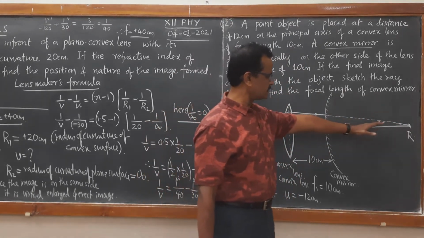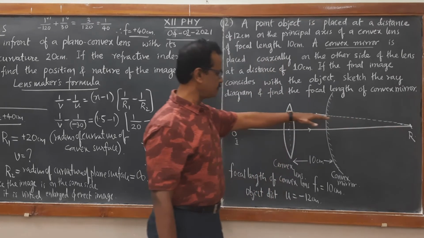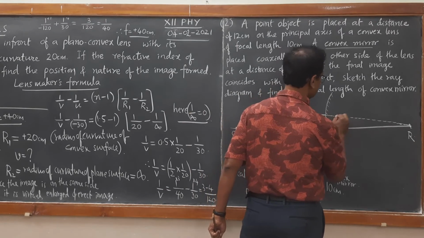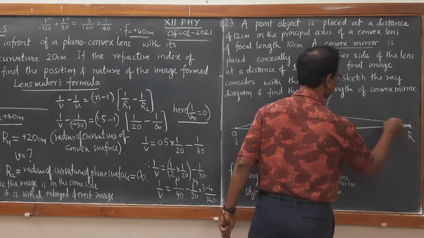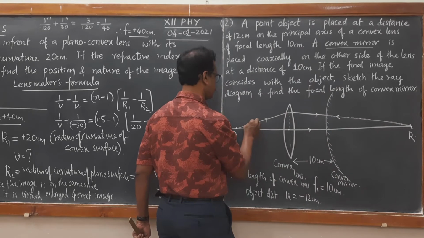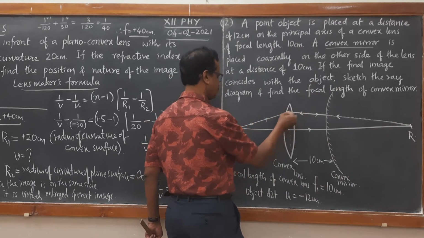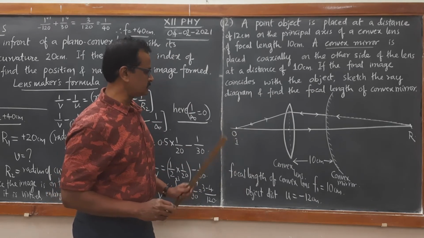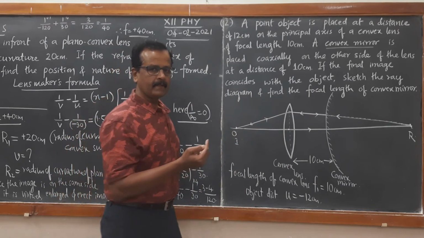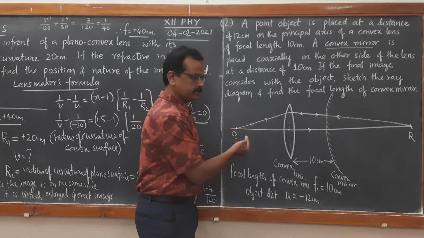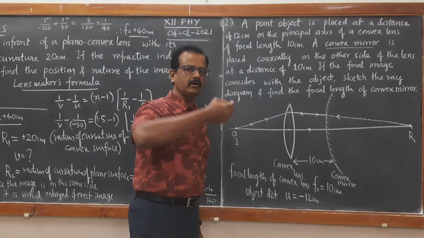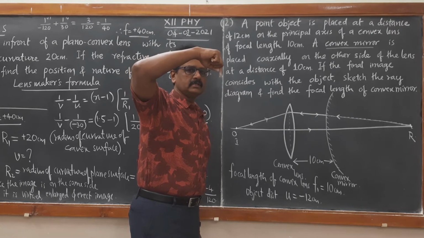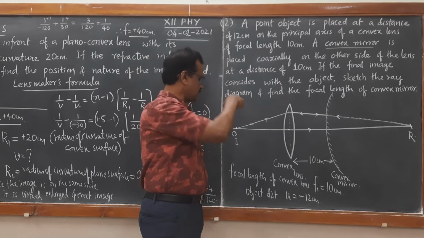If you trace them back, they appear to have come from the same object. Therefore, the image is going to be formed at the object itself. If you keep an optical needle here, you will obtain the inverted image exactly on top of it.